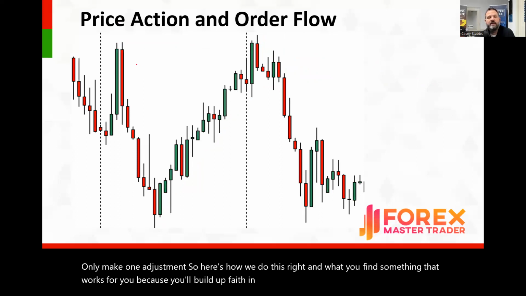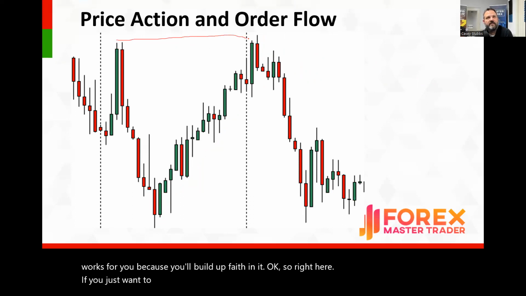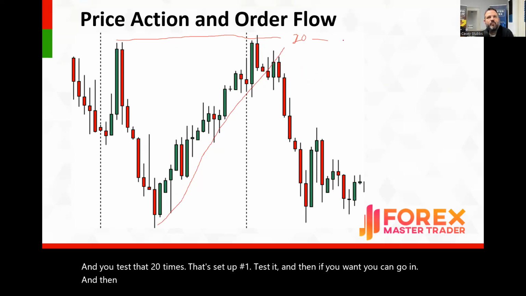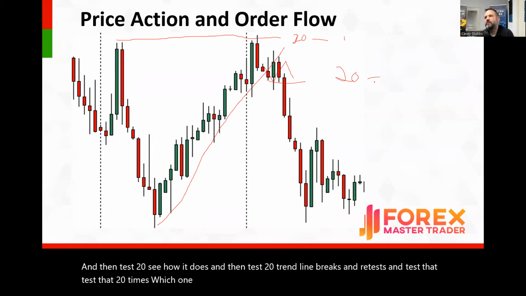Right here, if you just want to short and you test that 20 times, that's setup number one. Then test 20 trend line breaks and retests, and test that 20 times. Which one works better for you, right?